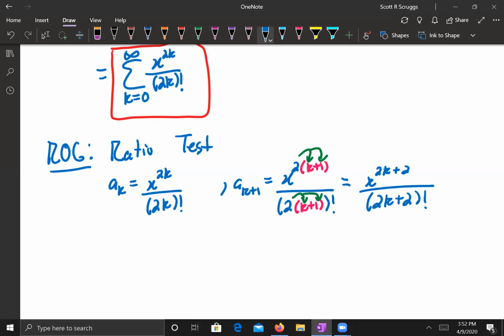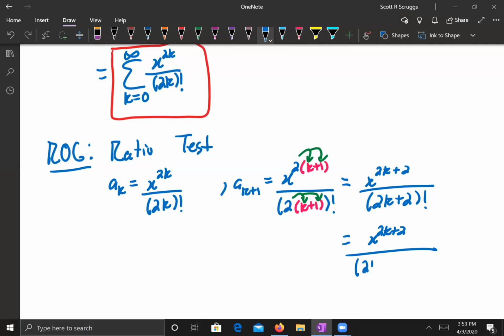Before I do step 4 of the ratio test, which is to take the limit of the absolute value of those ratios, I'm going to go ahead and expand the 2k plus 2 factorial so that my cancellation step becomes a little bit more clear. Here's what I'm thinking of. Because in this factorial my base is 2k plus 2, I'm going to start off at 2k plus 2, and when I multiply, I subtract 1 from it.